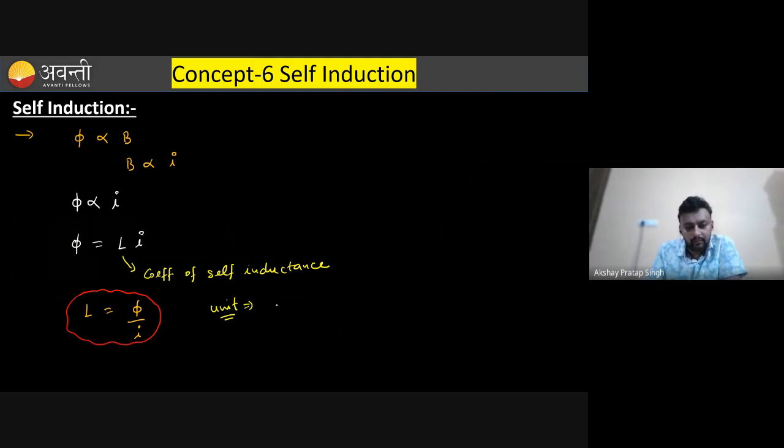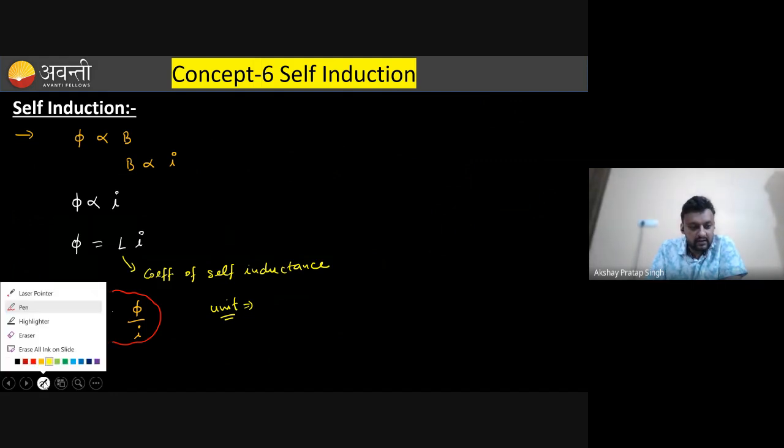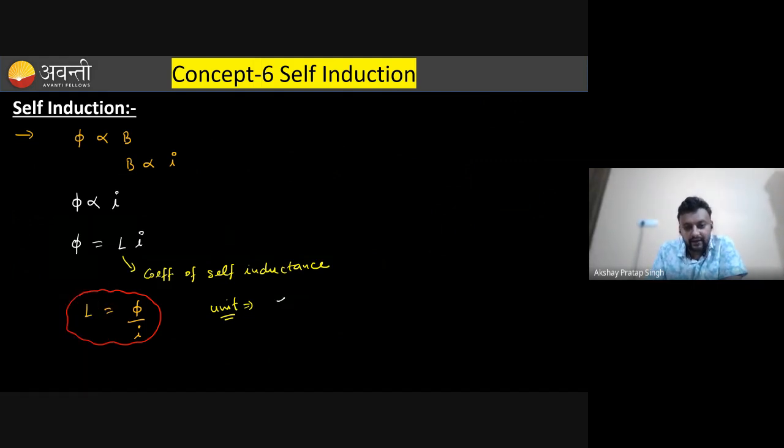Okay, no problem. This unit is Henry, denoted by capital H. So the unit of self-inductance L is Henry.